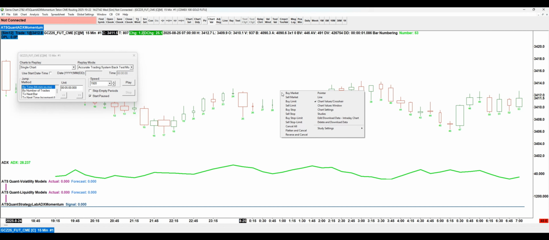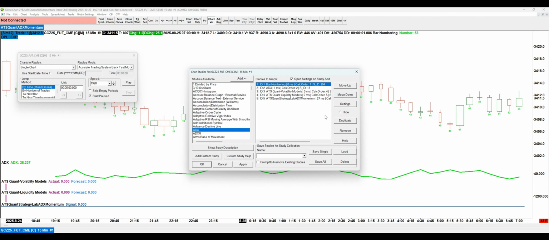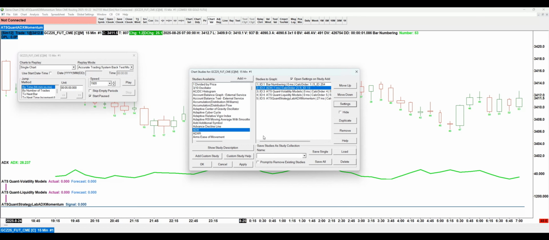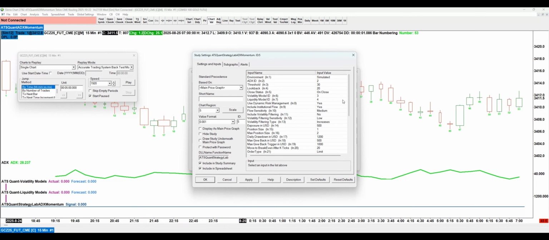So to recap, let's look at our parameters. Our ADX length and moving average length is 3. This is on a 15-minute interval. And within our foundation, we're entering after the bar has closed. Our returns look back is the last 20 bars.